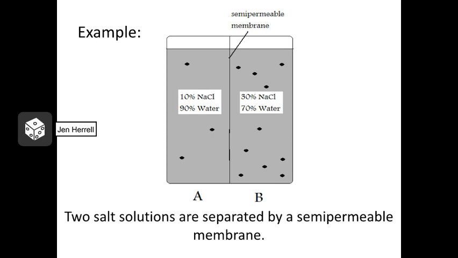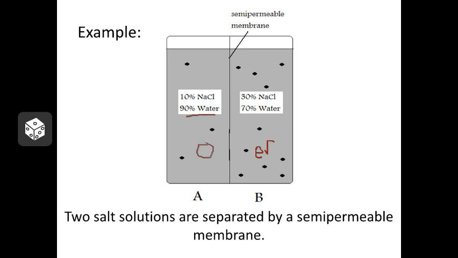So let's say that you're presented with a situation like this, where you have two solutions of differing concentrations, and you're asked to predict how the water will move in the situation. Well, the first thing you want to do is identify which solution of the pair is hypertonic and which is hypotonic. In this case, solution A is hypotonic because it has more water and less solute, and solution B is the hypertonic solution.